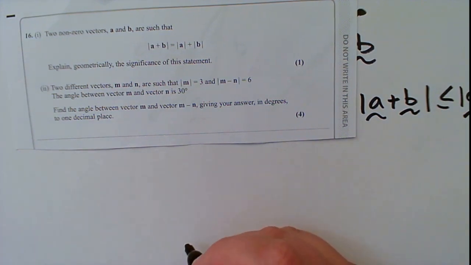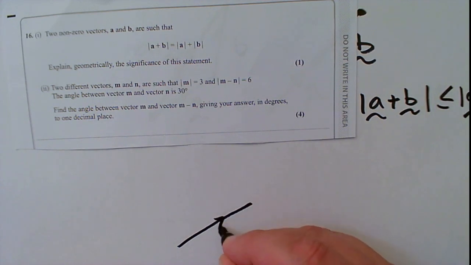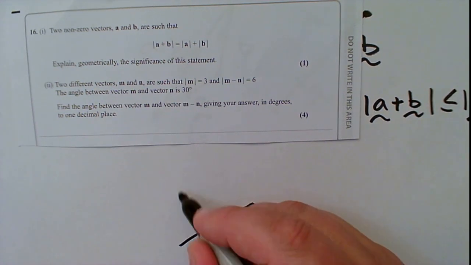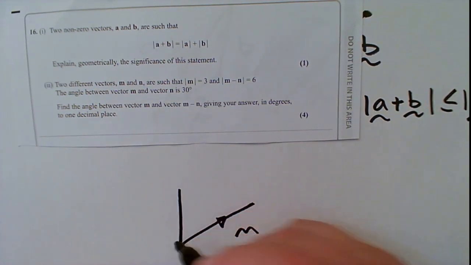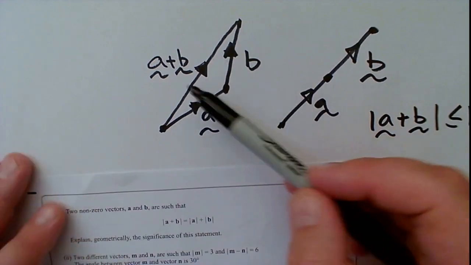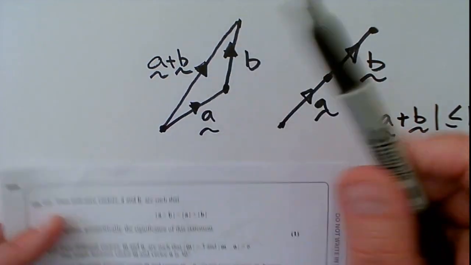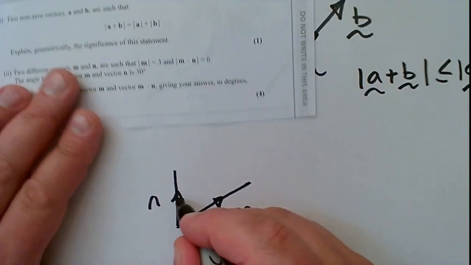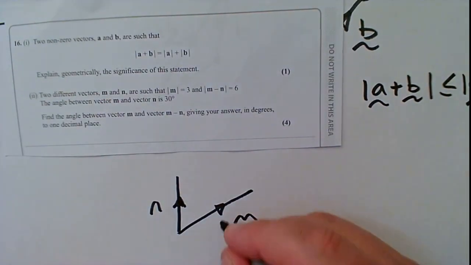So I'm just trying to think of the best way of doing this. I want to make sure I don't make a mess of it. I think what I'm going to do is I'm going to say m is going to go in that direction, but I'm going to do an n coming off it like that. So just as we've got an application of adding vectors in terms of journeys, we can do something similar for taking away.